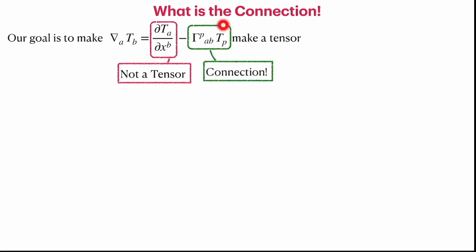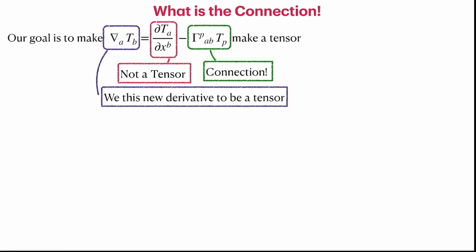That means we need to add a connection coefficient such that this new differential operator we define transforms as a tensor field. So that is our basic goal, to have a differential operator which behaves like a tensor by adding this suitable term. That would be the constraint on the gamma.